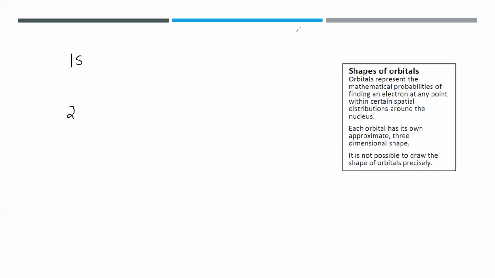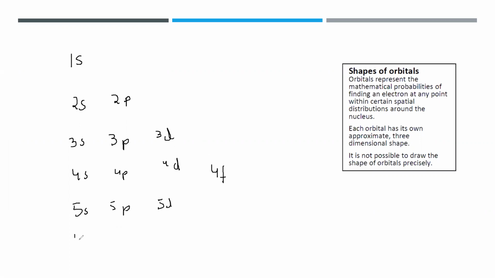2s, 2s, 2p, 3s, 3p, 3d, 4s, 4p, 4d, 4f. So first what we did, we increased 1 subshell, and then after 4 we decrease 1 subshell, so it will be 5s, 5p, 5d, then 6s, 6p, and at the last 7s.